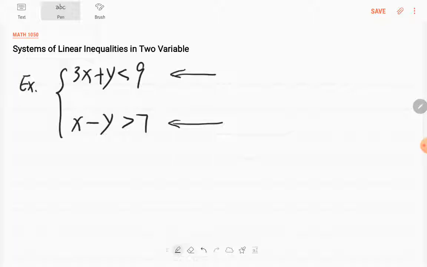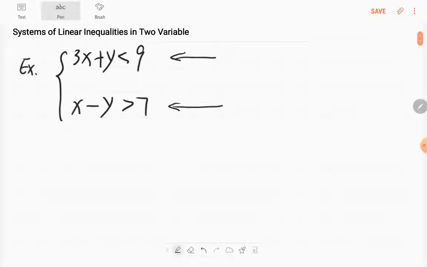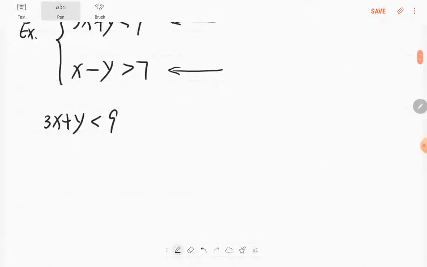Okay, so now let's look at each one. First, let's look at the first one, 3x plus y less than 9. For the linear inequality, we need to look at the boundary. The boundary is given by 3x plus y equals 9.